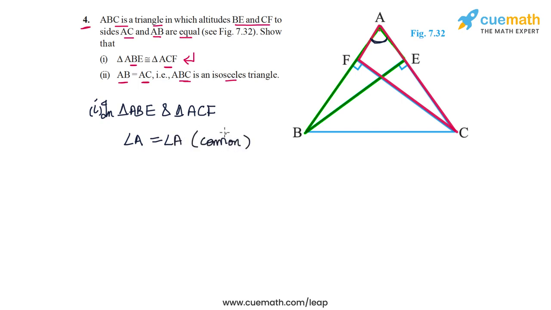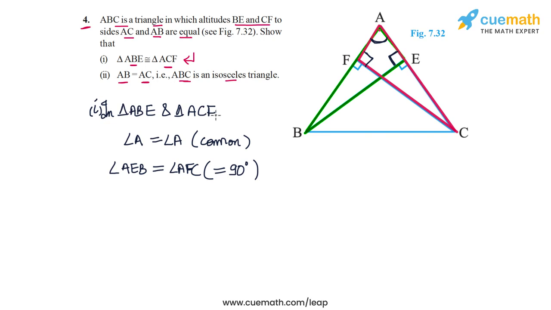Also, both the triangles are right angle triangles. So in the first triangle ABE, this angle is 90, and in the second triangle ACF, this angle is 90. So we can write angle AEB in the first triangle is equal to angle AFC in the second triangle, because both of these are equal to 90 degrees.